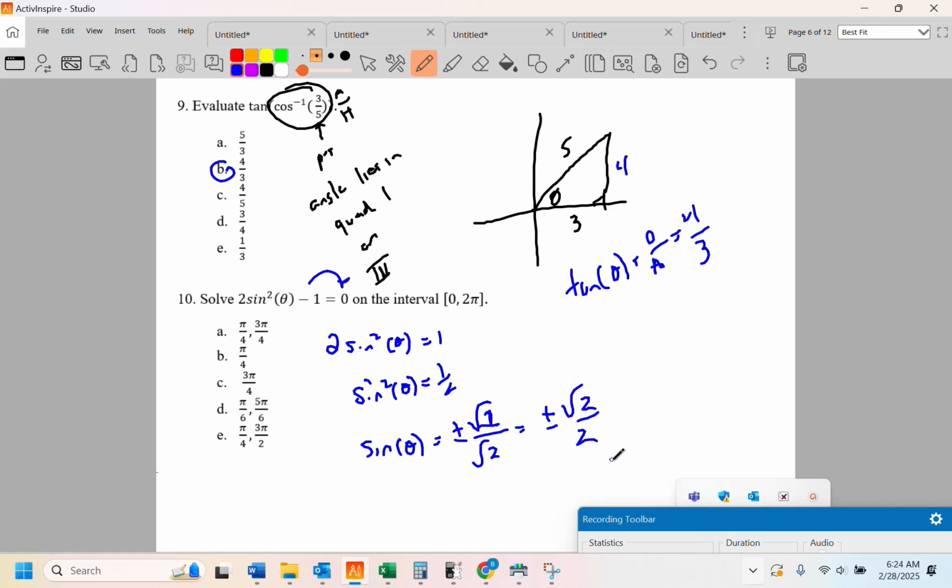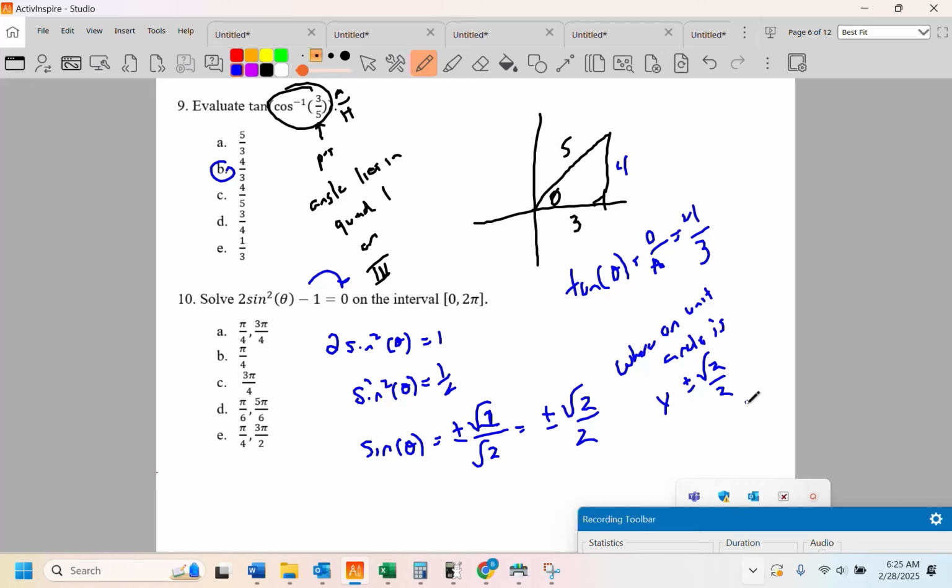So I'm asking here, where on the unit circle is y plus or minus root 2 over 2? It's interesting that they did not include all 4 answers. The author of this question has made a mistake.